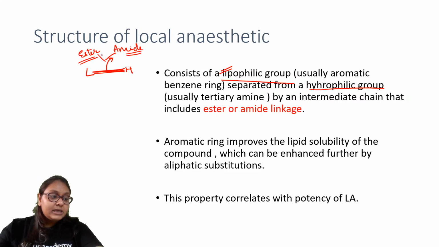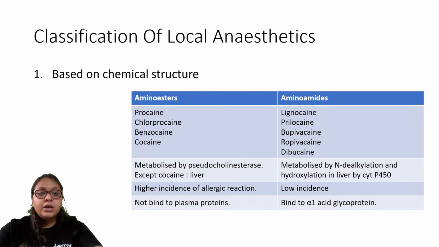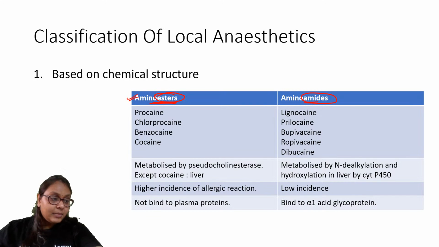ठीक है, if this linkage is of the ester, then it is known as the amino ester local anesthetic, and if it is amide, then it is an amide local anesthetic. Okay, so based on the chemical structure, they are amino esters and amino amides. ठीक है, esters and amides.